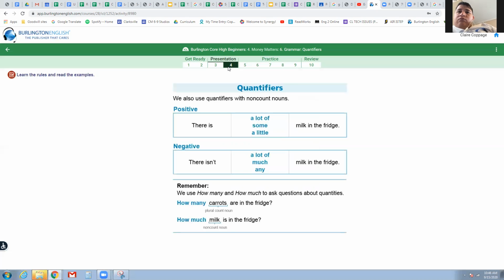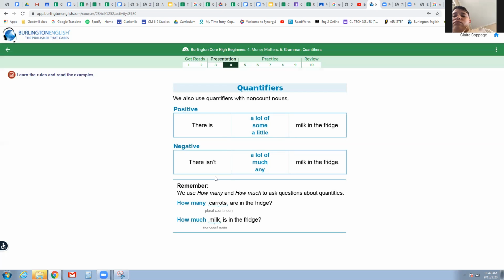So, si no podemos contar el sustantivo, es un poquito diferente. It's a little bit different. So, we can say a lot of, that's okay, some, and a little, okay? So, when we talk about nouns that we cannot count, no podemos contar leche. So we can say there is a lot of milk, there is some milk, or there is a little milk.